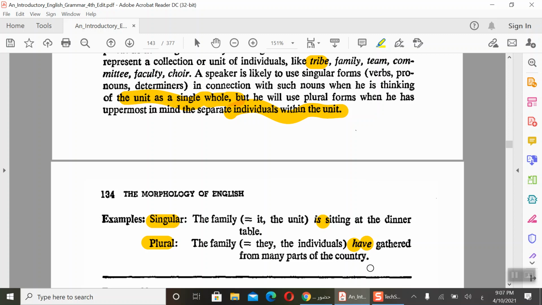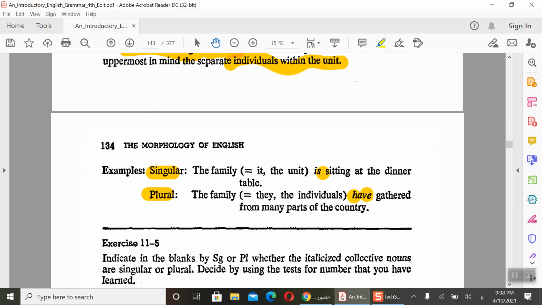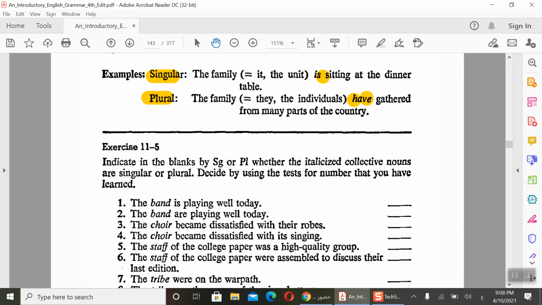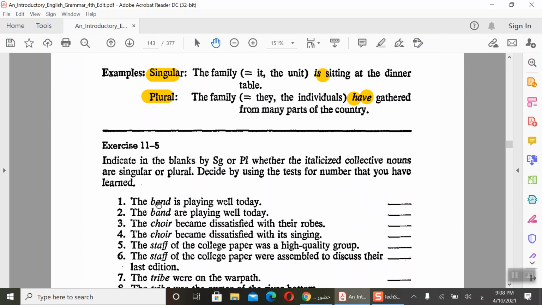Have, the family, it means individuals, persons, sisters, brothers, parents, father and mother. So this is plural. See? The same thing here, indicate plural: the band is, the band are, the choir became dissatisfied with their robes.